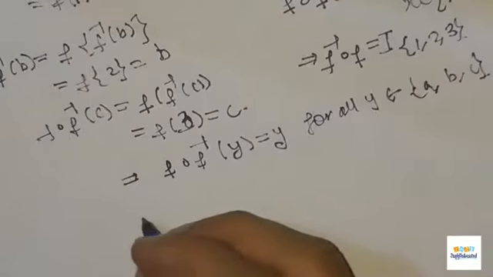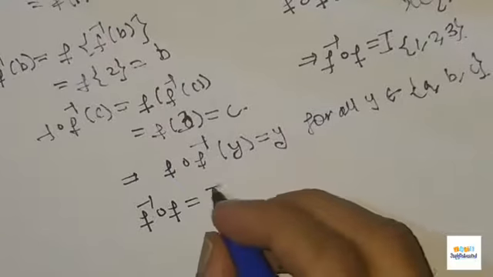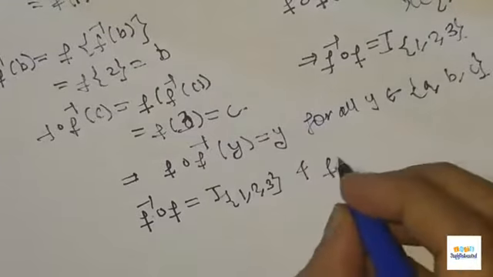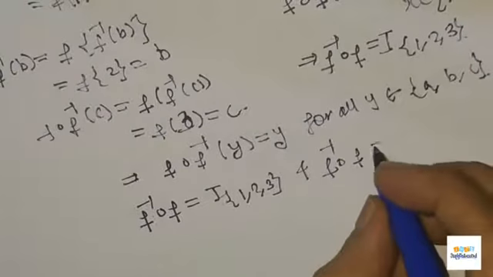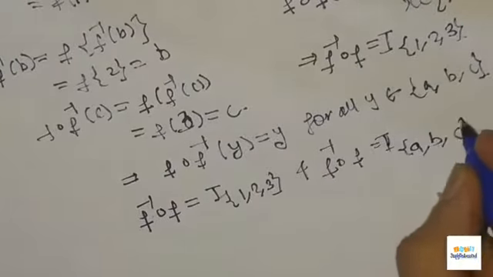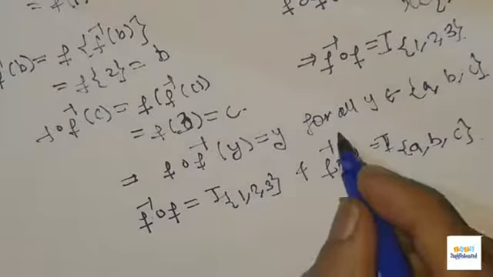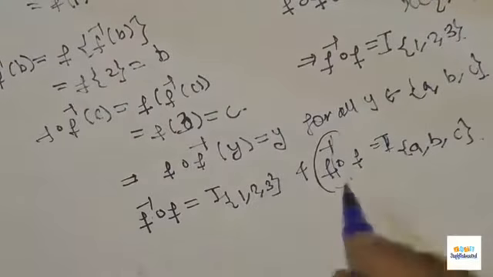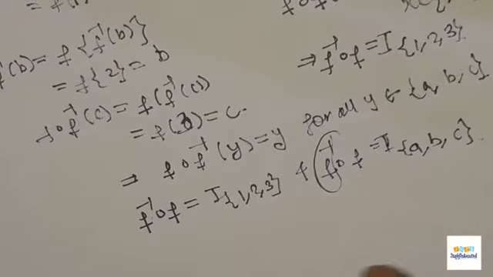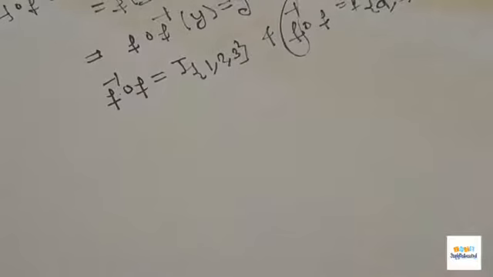So we have got that F inverse composition F is equal to I suffix 1, 2, 3 and F composition F inverse is equal to I suffix A, B, C. So that means this F inverse that we have taken is the inverse of F. Now what we have to show?